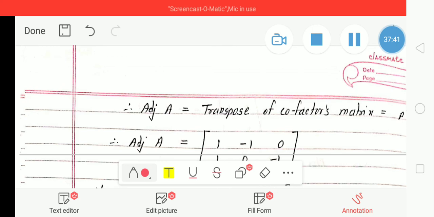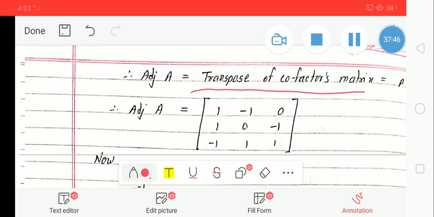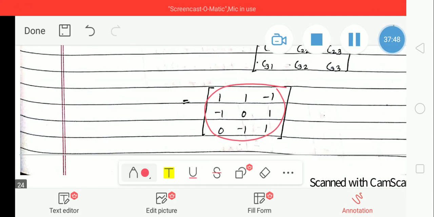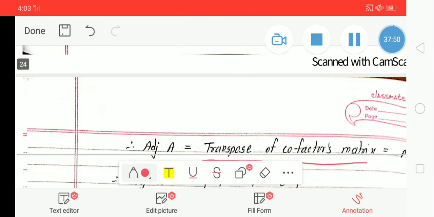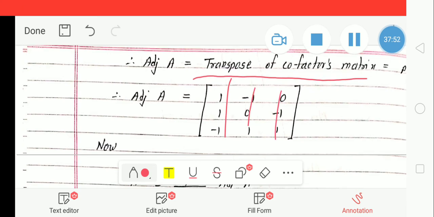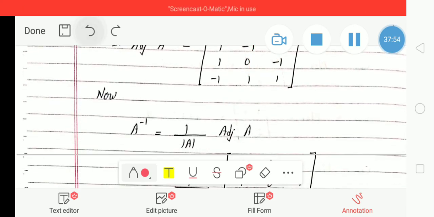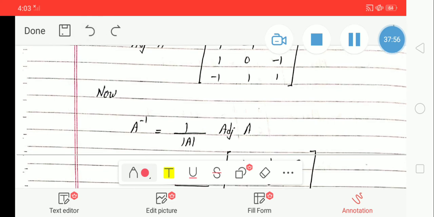Now the adjoint of A is equal to the transpose of the cofactor matrix P, meaning P transpose. We interchange rows and columns to get the transpose. Now we find A inverse.